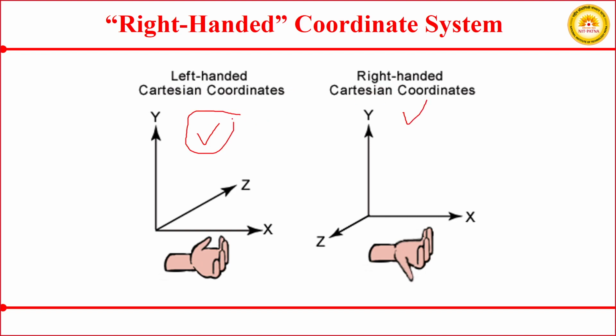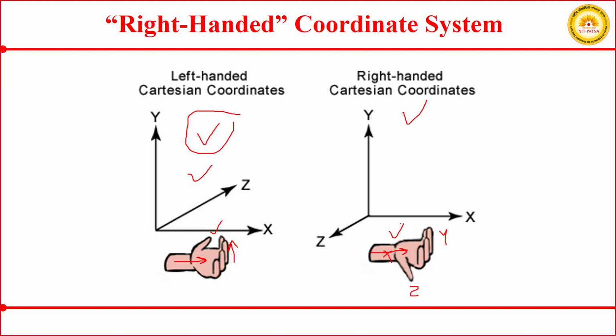If you use your left hand, your thumb corresponds to your z direction, your arm corresponds to your x direction, and your fingers correspond to your y direction. This is the left-handed coordinate system. In the case of the right-handed coordinate system, your thumb corresponds to the z direction, fingers to the y direction, and your arm to the x direction.